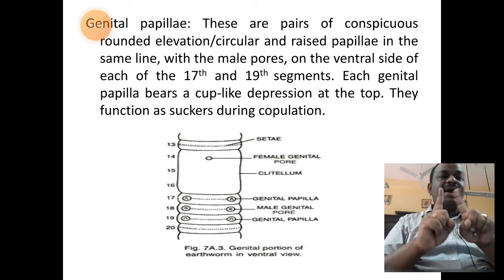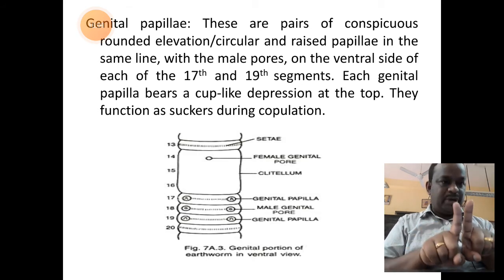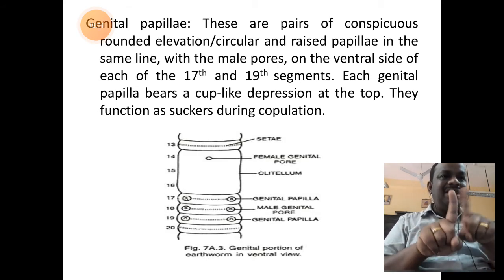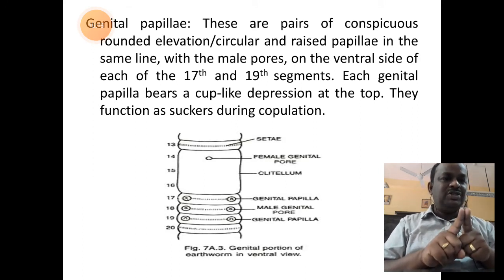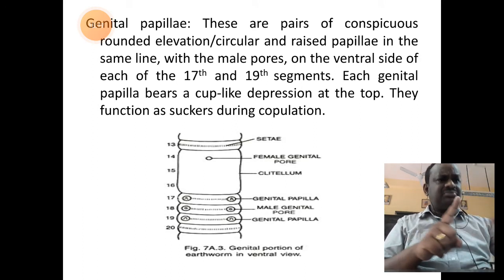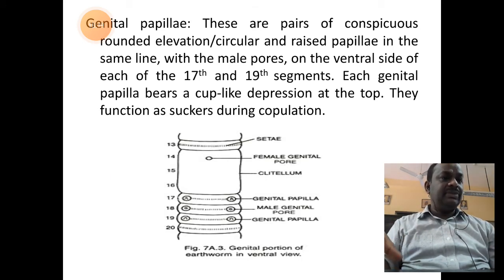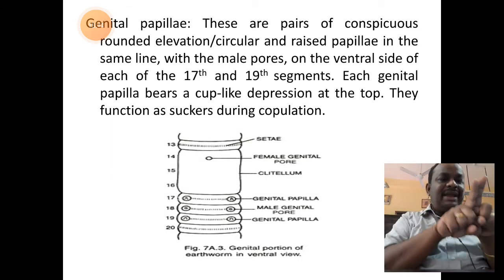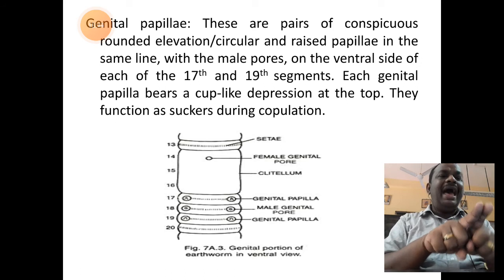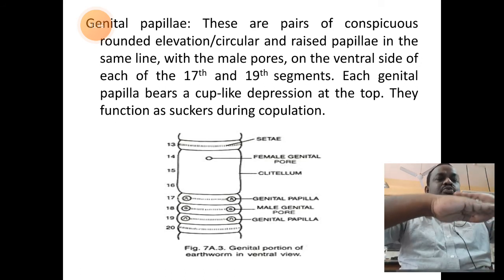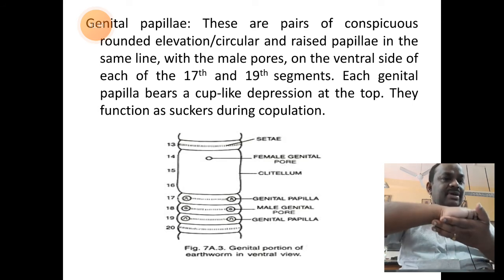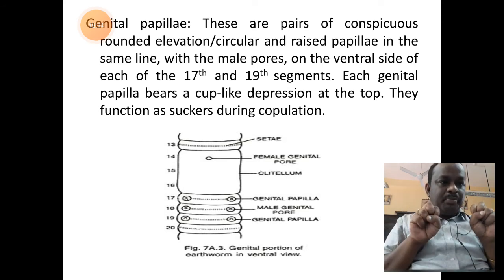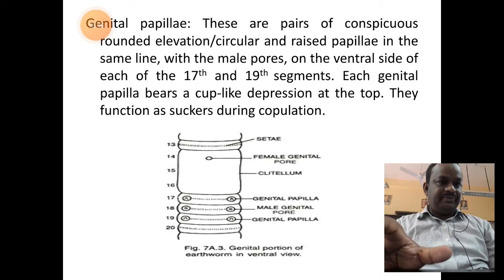Male gametes are exchanged between two earthworms. So to have the exchange of male gametic cells, that is the sperms, they need to transfer them out. So to hold the two organisms tightly, we have on either side one pair above, one pair below of male genital pores. Male genital pores are the openings through which sperms are released out.